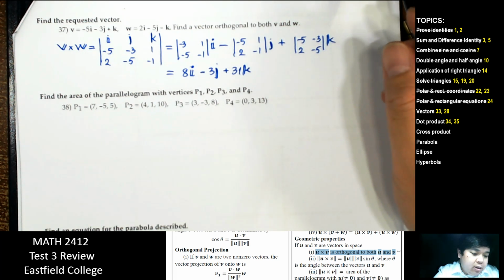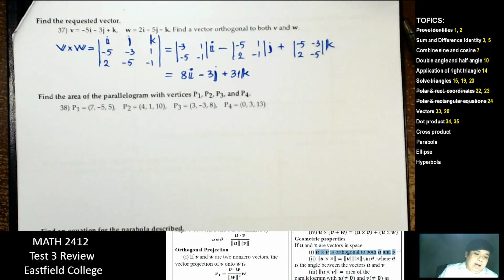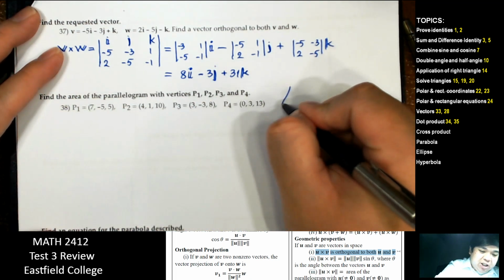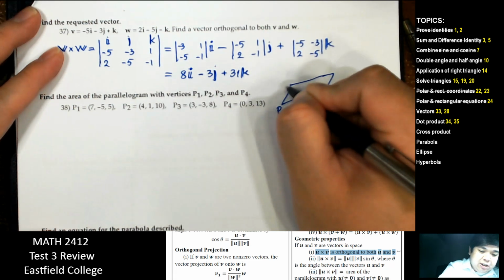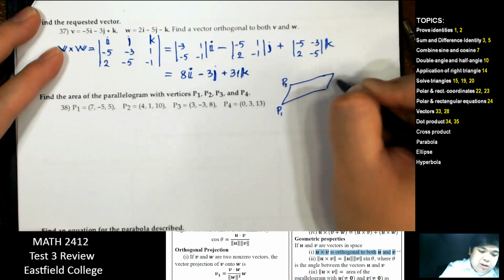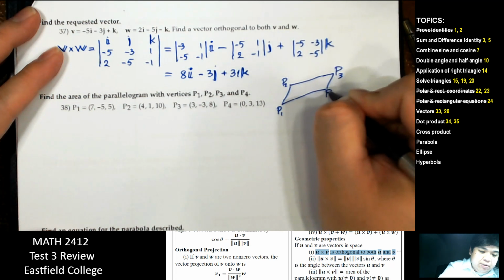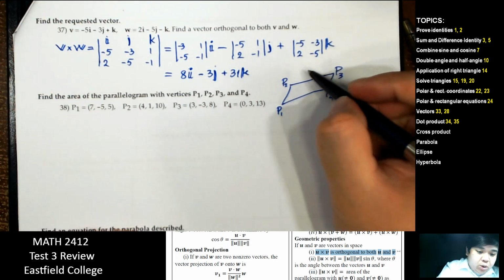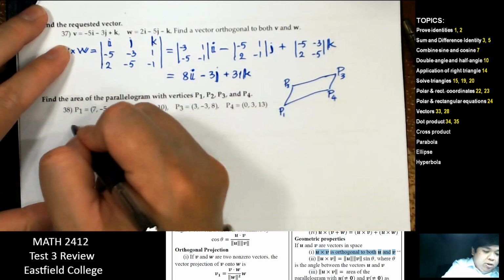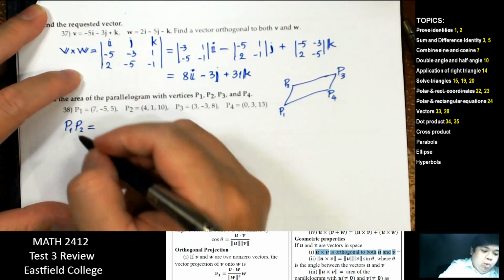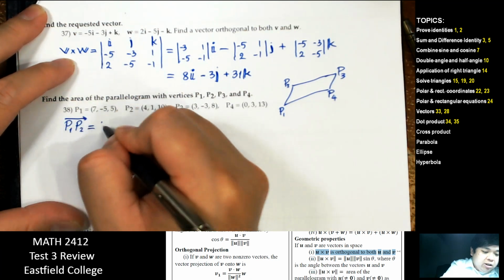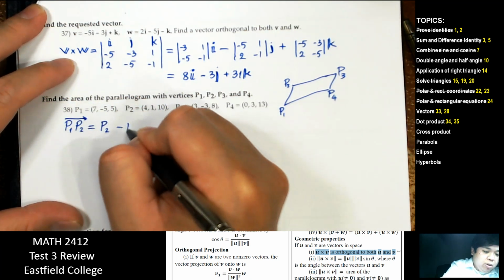Right. Next, area of parallelograms. I kind of sketched it real quick like that. So with P1, P2, the vector is the point P2 minus P1.